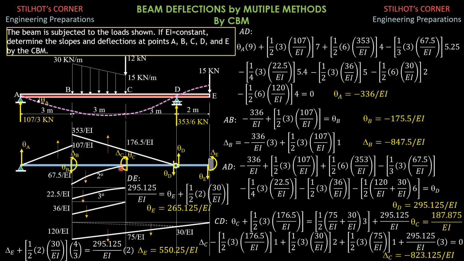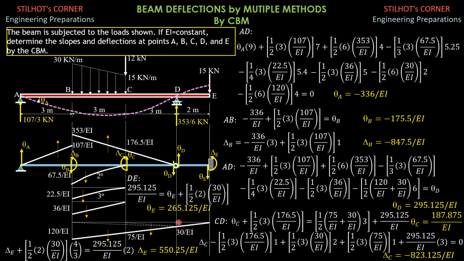Now we consider CD. This is the positive slope at C for shear. This is upward, that's the left section for section CD. And the moment, or delta C, is clockwise if C is the left section. So summation of forces in Y equals 0: theta C plus this area, 1/2 of 3 times 176.5 over EI, equals the downward areas.